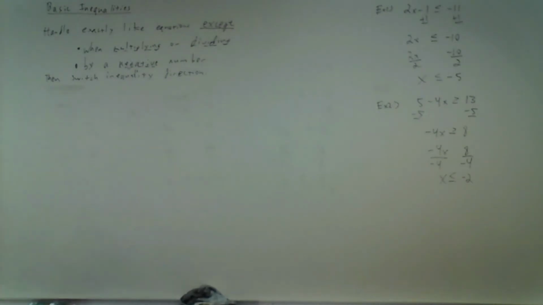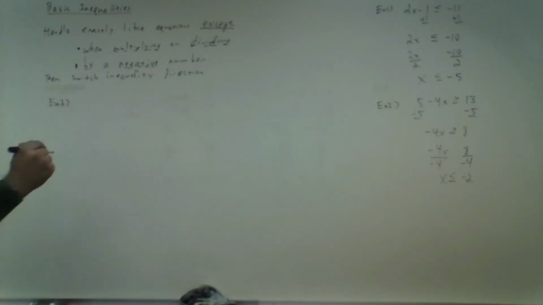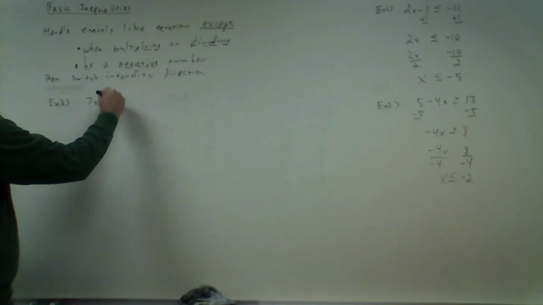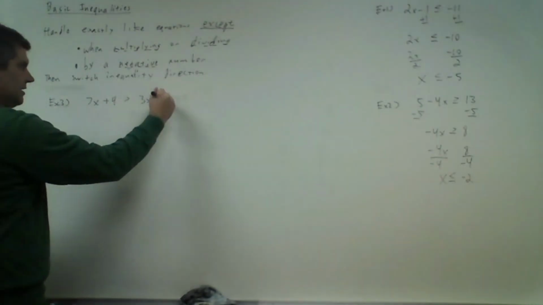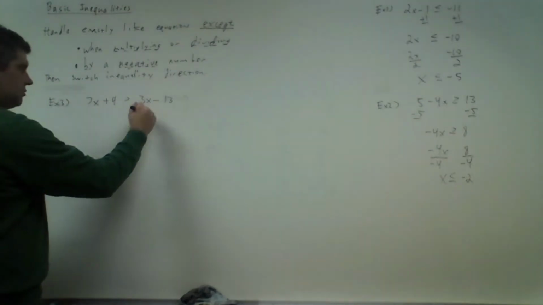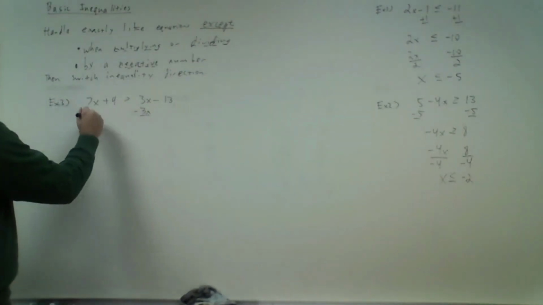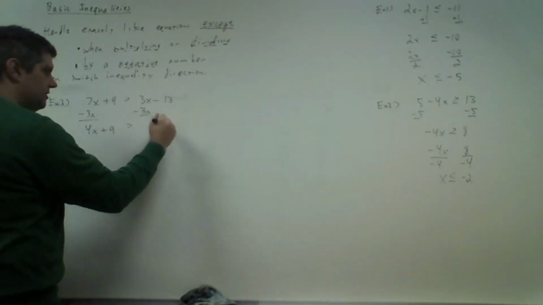With example 3, we have 7x plus 9 is greater than 3x minus 13. I would subtract my 3x, and we have 4x plus 9 is greater than negative 13.